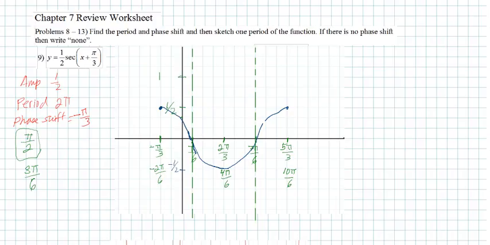So now we draw our secant. So our secant goes in the shape of a V, approaching the asymptote, and so it's going to be like this. And remember, do this at the peaks and at the valleys. And same thing here.